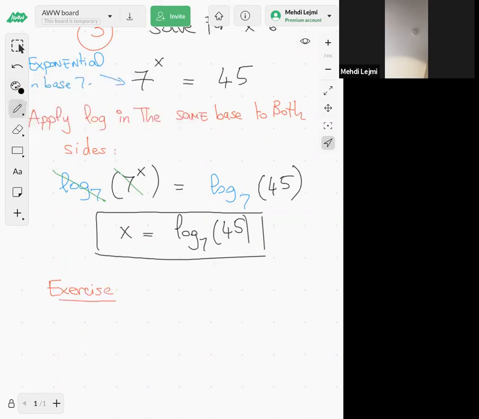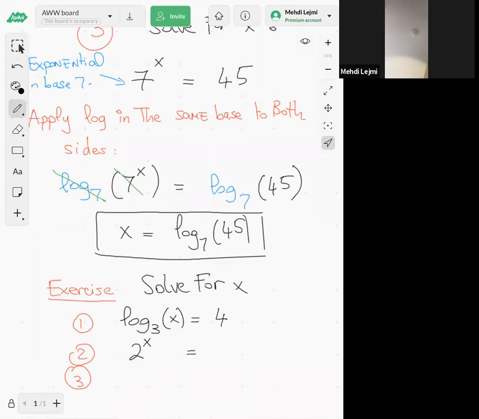Okay, so you have to solve for x. Say, first, log in base 3 of x is equal to 4, and then let's say you have 2 to the power x is equal to 1 over 8, right?